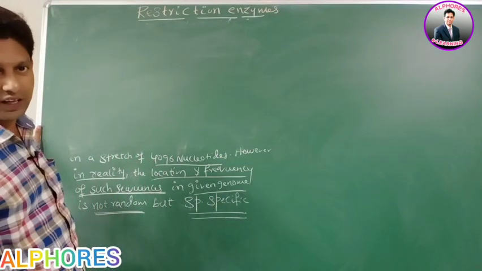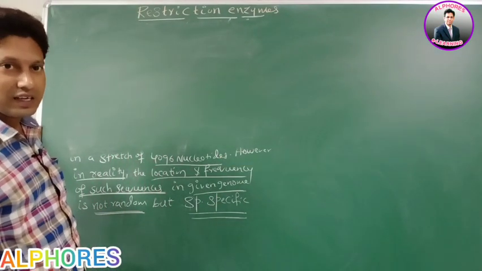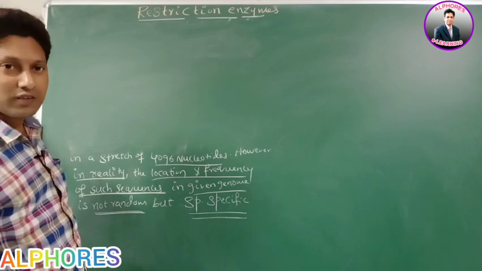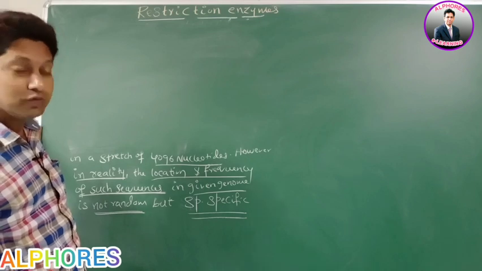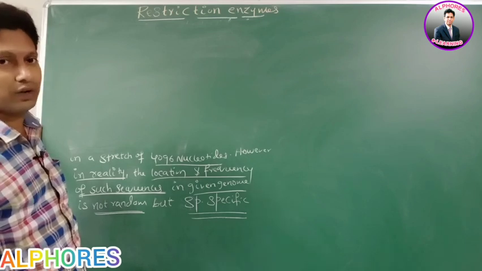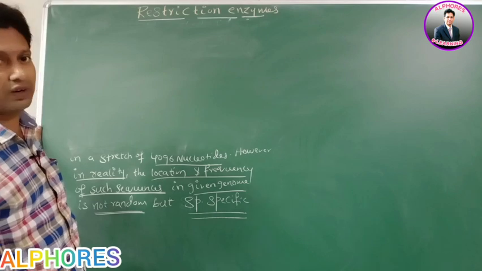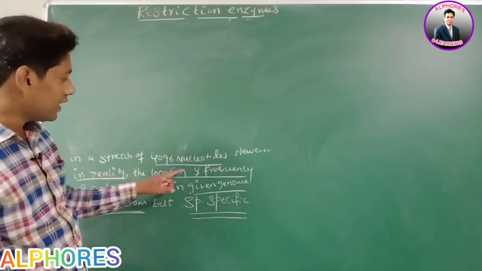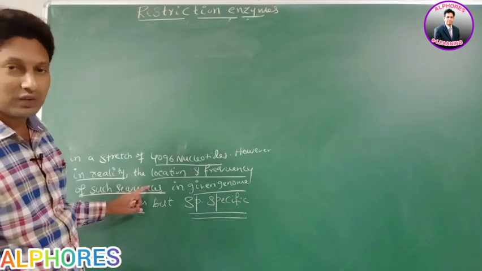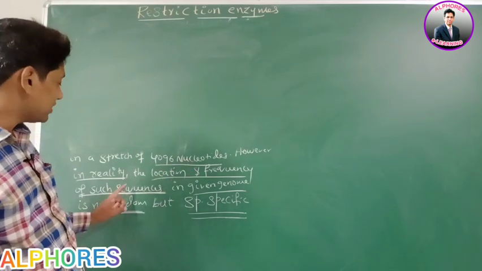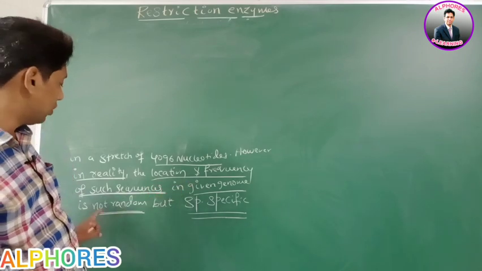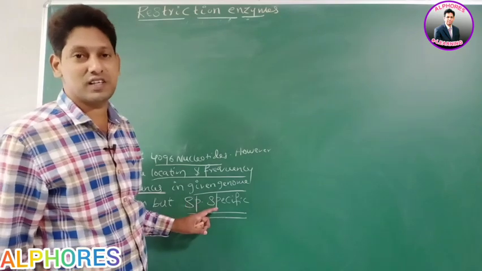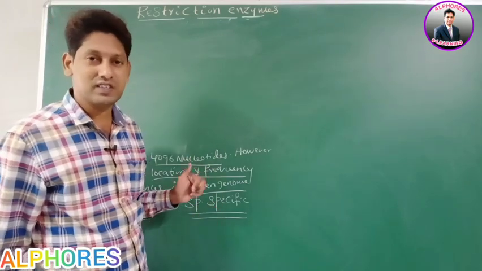We are saying that the GAATTC sequence repeats for every 4096 nucleotides, but in reality, the location and frequency of such sequences in a given genome is not random. It's species specific.